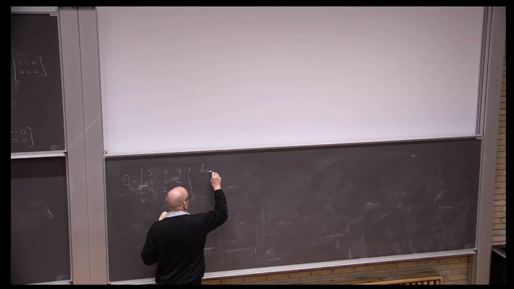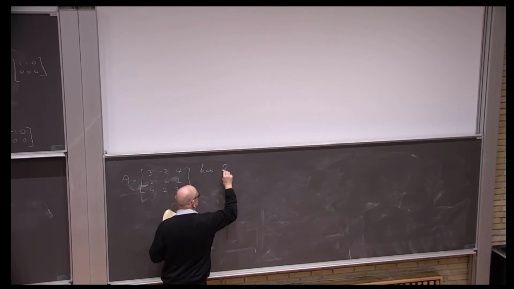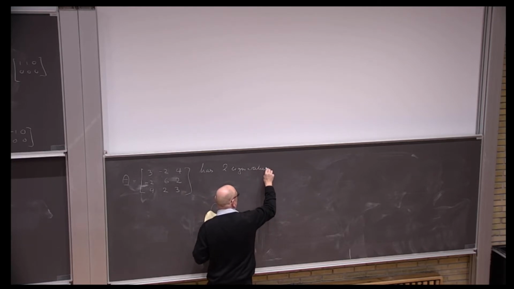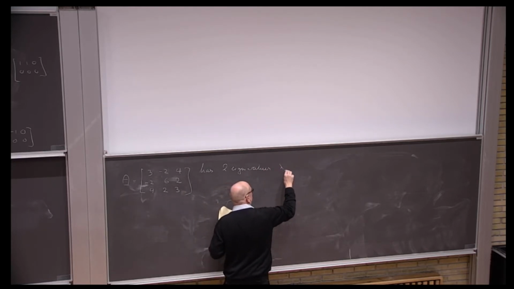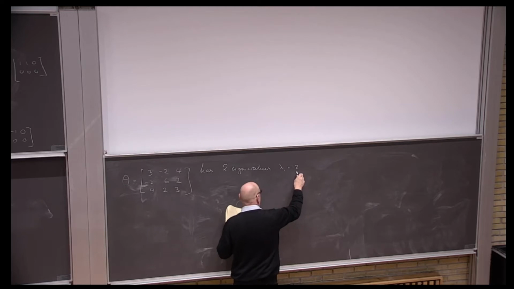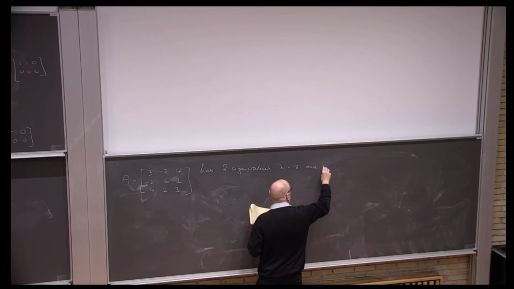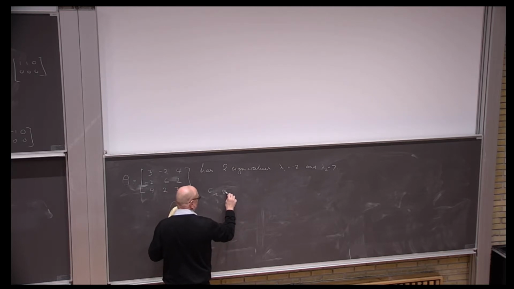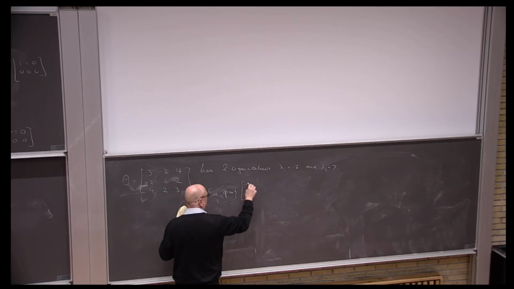So you have computed that this has two eigenvalues, lambda 1 equal to minus 2 and lambda 2 equal to 7. And the eigenspace corresponding to minus 2 is the span of this vector, minus 2, minus 1, and 2.